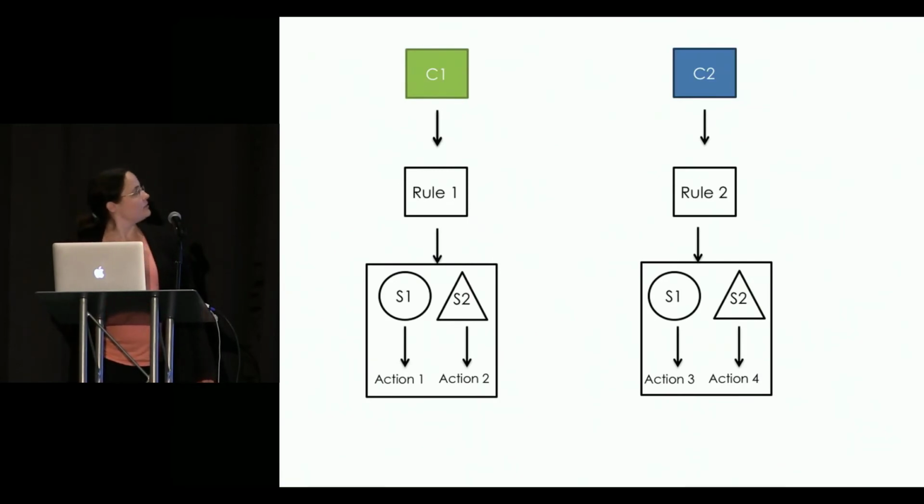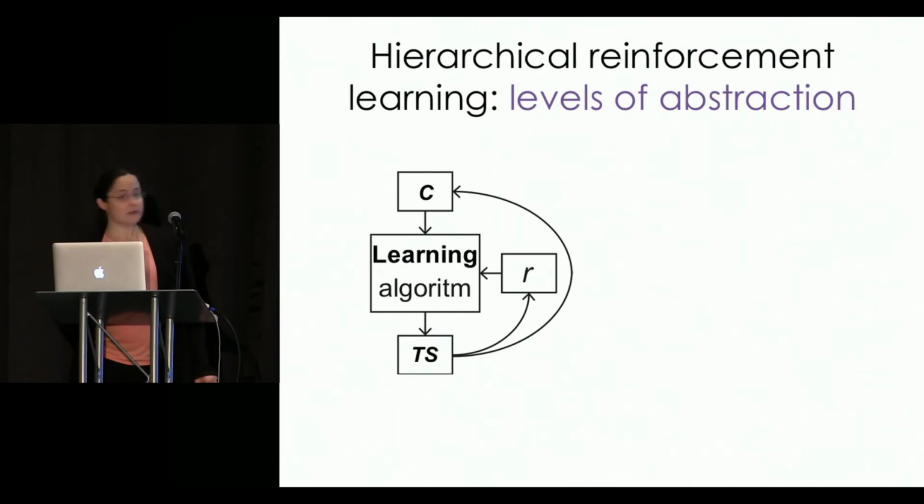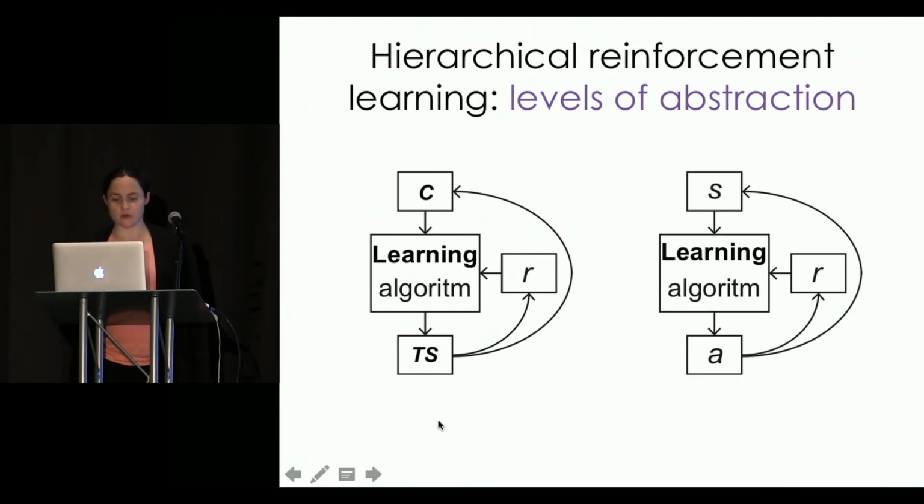In the lab, we do this with much simpler situations like colors and shapes, like this. Okay? So this is, again, I'm trying to draw the parallel to the options because I think it's very related to the options framework of hierarchical reinforcement learning, whereby you'll have a learning algorithm that tells you how to select a set of rules in response to a context.